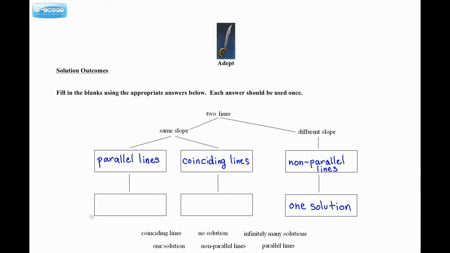Well, if they're parallel, there is no solution, because they never meet. And if we have coinciding lines, well, there are infinitely many points on a line, and each point satisfies the other. So infinitely many solutions.